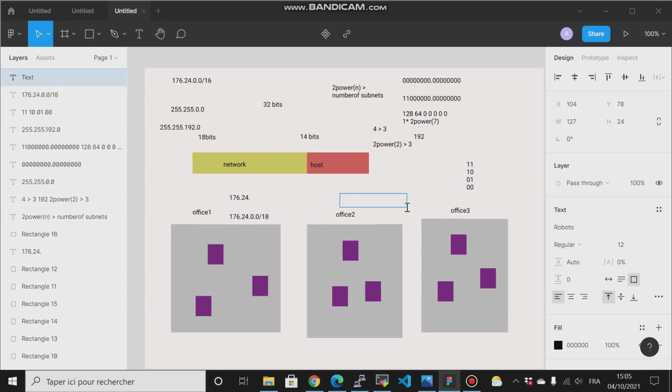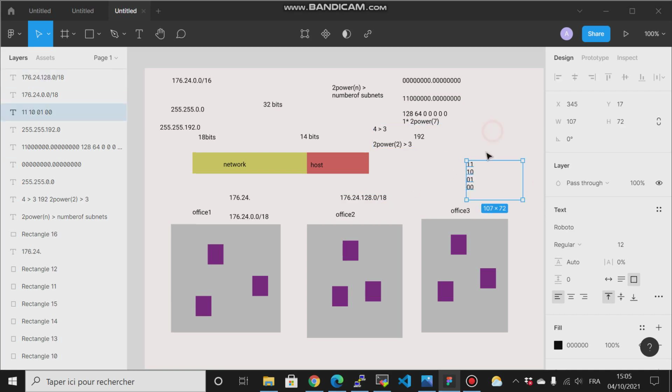And then the other possibility here is to have 1 here and 0 here, and then the subnet will be 176.24.128.0 here, because here we have 0 and then 1, then 0 multiplied by 2 power 6 will be 0. Then the rest will be only 128.0. Then the number of bits is 18.